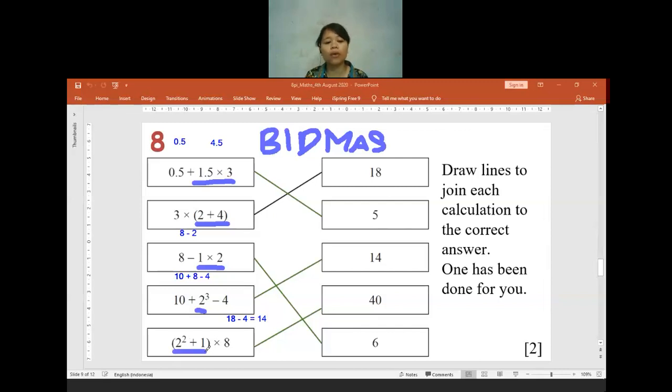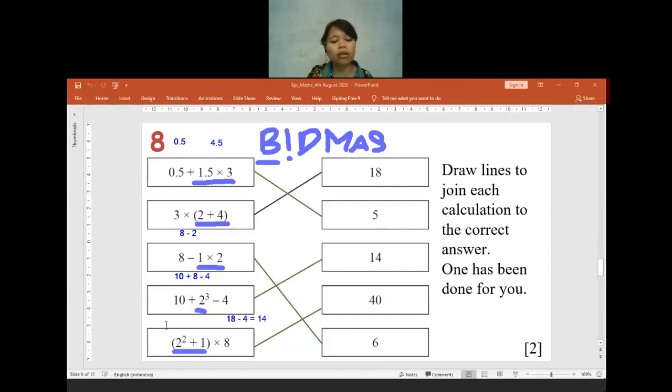So now for the last box, we have in the bracket 2 to the power of 2 plus 1, times 8. We have to finish the bracket first. So we have to finish 2 to the power of 2 plus 1. Inside the bracket, we have indices and addition. Remember the rule, we solve the indices first. So 2 to the power of 2 is equals to 4.